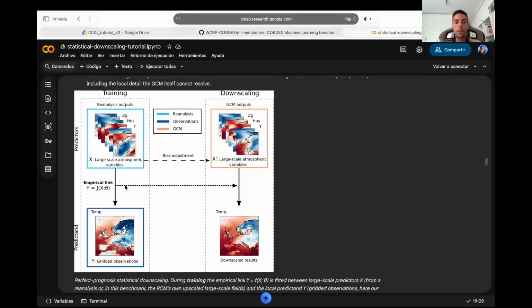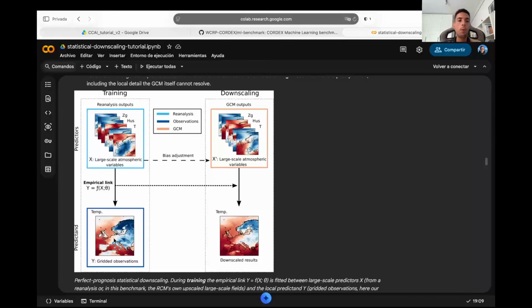So if I take this model that has learned this relationship with observational data, and instead of passing observational data, I pass the data from a GCM, I'm going to be able to generate that high resolution variable.